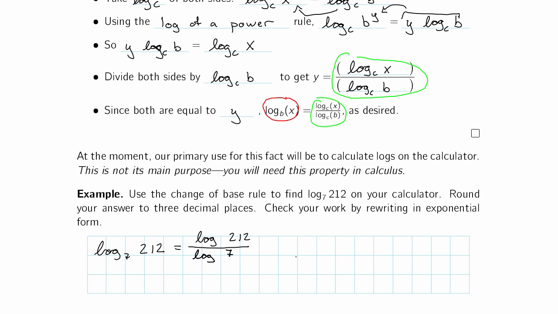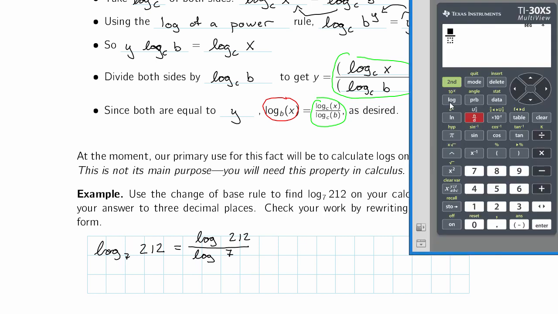Throwing that into the calculator, we'll have the log of 212 over the log of 7. We want to round to 3 decimal places, so this is about 2.753.